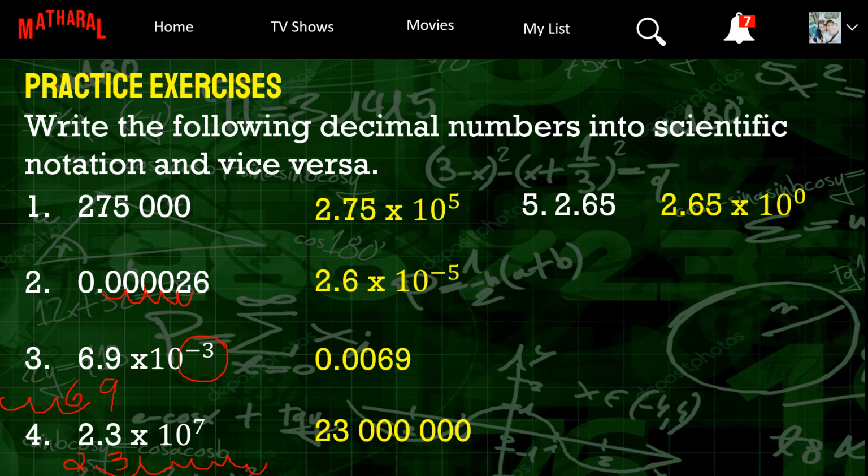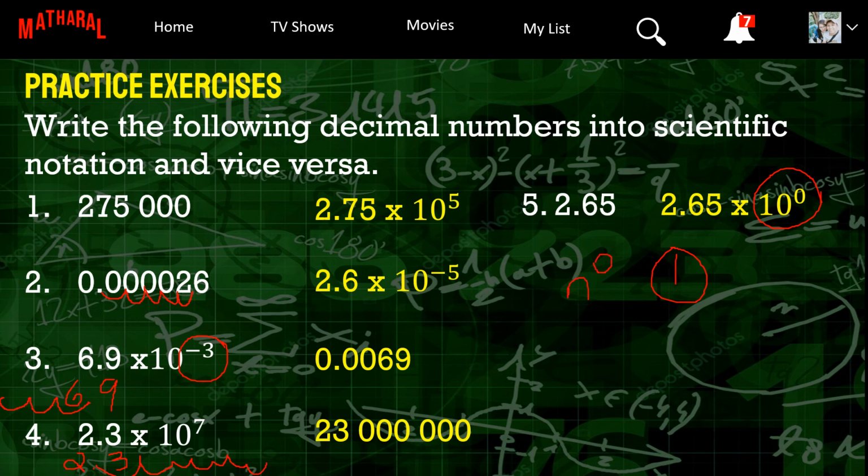In scientific notation, it is equal to 2.65 times 10 raised to 0. Why? Special case: for any number raised to 0, ang sagot po lagi niyan ay 1, except if the number is 0.